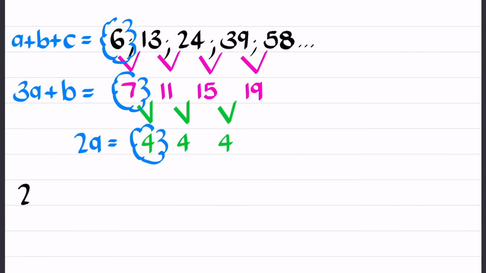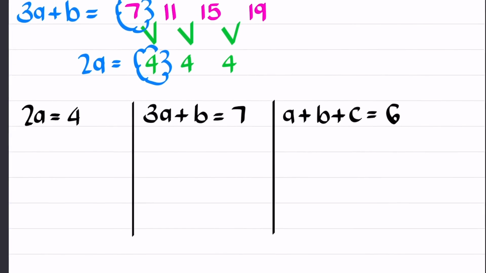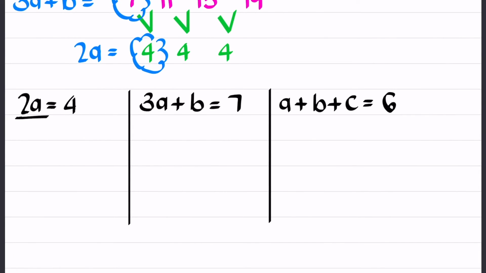So now I have 2a equal to 4, 3a plus b equal to 7, and a plus b plus c equal to 6. So if 2a equals 4, I'm going to divide both sides by 2. So therefore, a is equal to 4 divided by 2, which is 2.